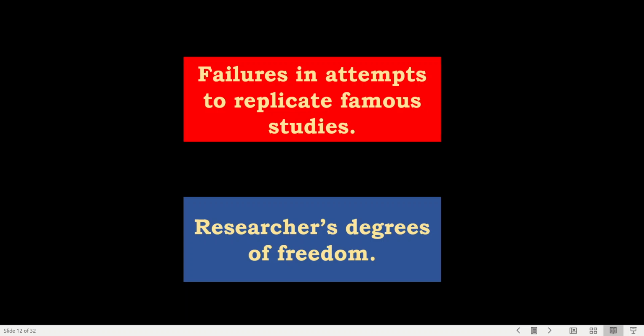And then they obtained some measures, and they found that those measures of confidence, even physiological measures of confidence, were improved in the group of people who were in this power pose. Now, that study didn't replicate.